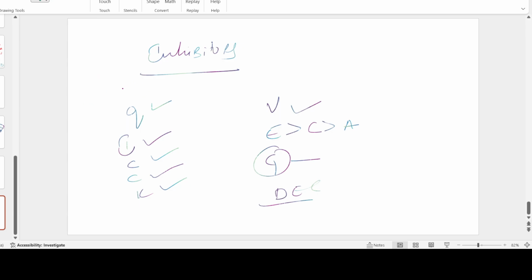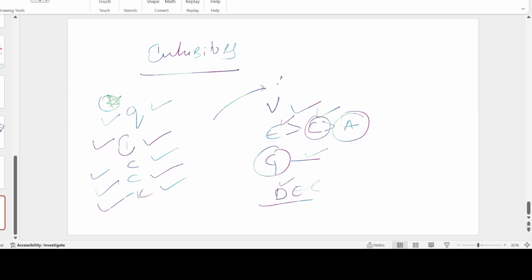So you need to understand these drugs: quinine, isoniazid, cimetidine, ciprofloxacin, ketoconazole, valproate, erythromycin greater than clarithromycin greater than azithromycin, grapefruit juice, DEC.